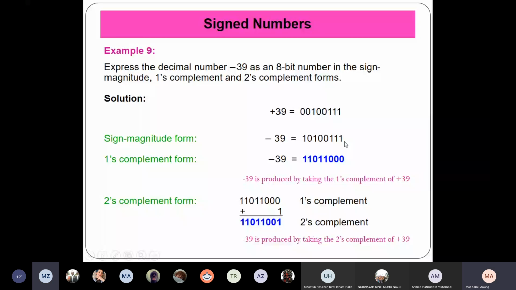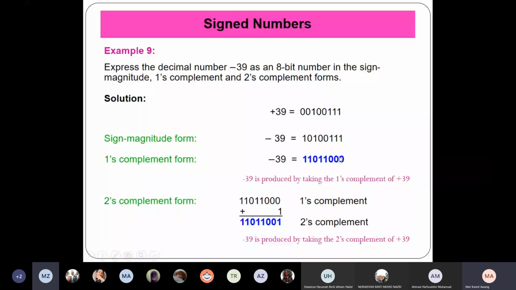In a ones complement, basically you take this number and you invert: 0 change to 1, 1 change to 0, 0 change to 1, 0 change to 1, 1 change to 0, 1 change to 0, 1 change to 0.